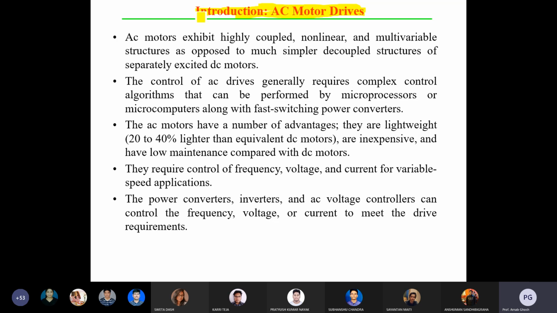But other problems also exist, such as maintenance cost and insulation breakdown chances. There is a commutator segment, so there are short circuit chances in the commutator segment, and other kinds of reasons also.